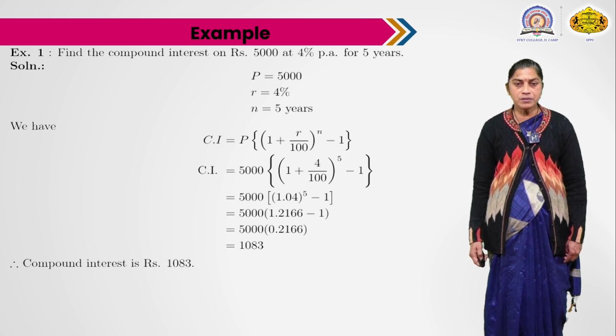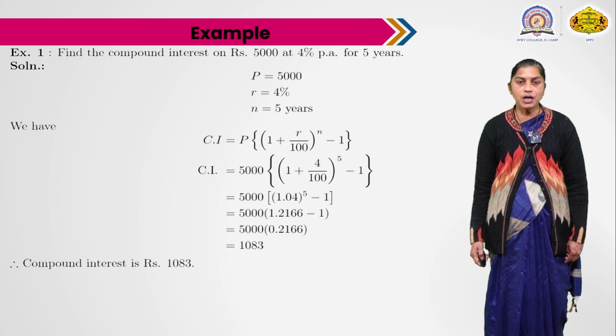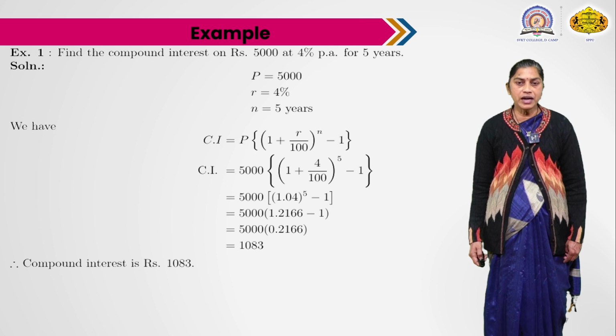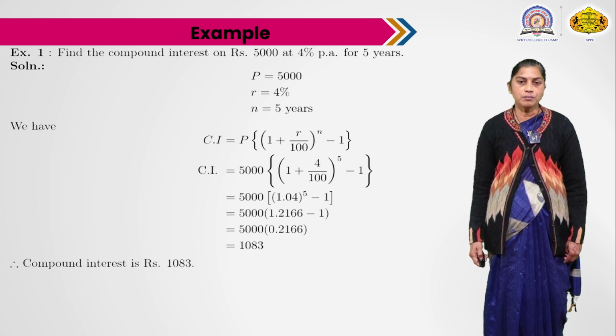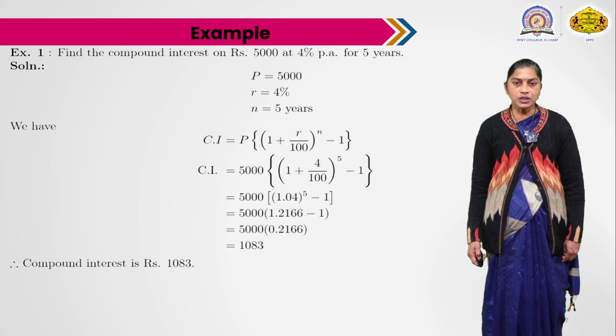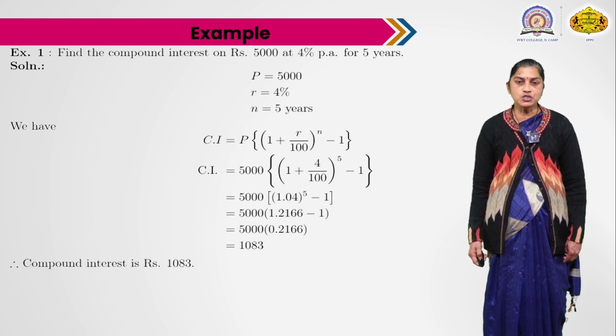Substitute the known values. P is 5000 into bracket 1 plus 4 by 100 raised to N, which is nothing but 5, minus 1. Bracket after simplification, 4 by 100, that is 0.04. 1 plus 0.04 comes to be 1.04.